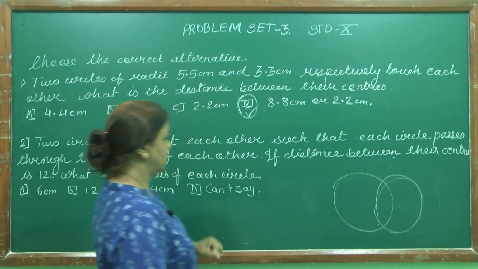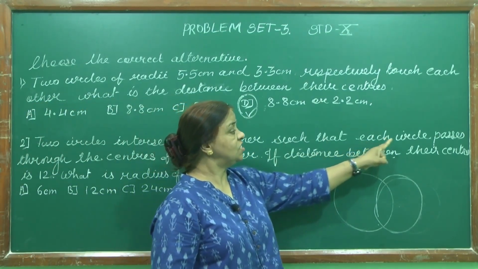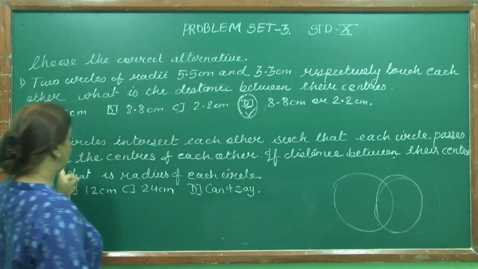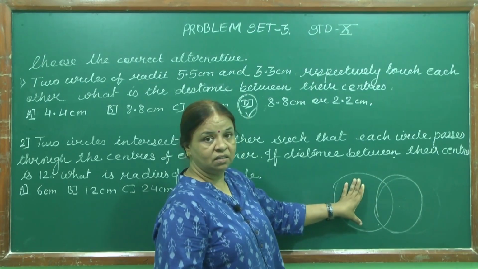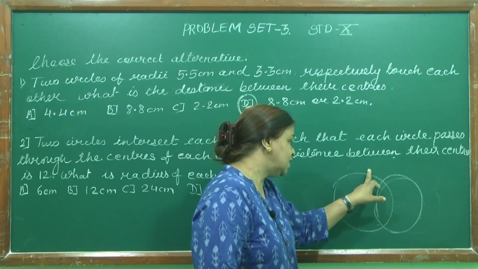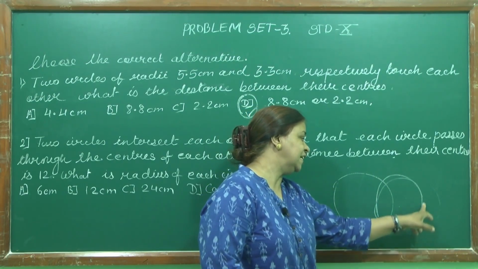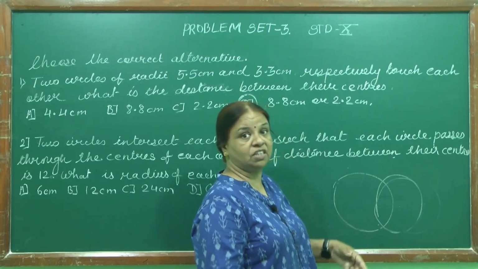Let us read: intersect each other such that each circle will pass through the center of the other. Means if this circle is there, the other circle when it is intersecting will pass through the center. At the same time, circle 1 will also pass through the center of circle 2.